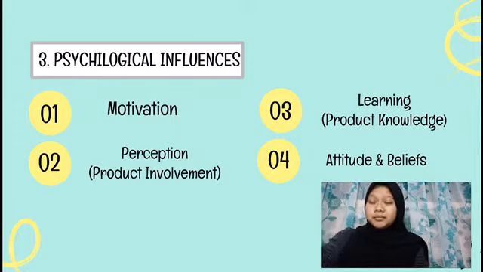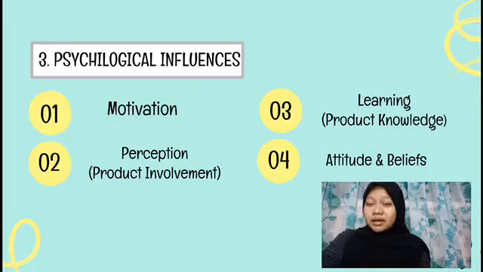In addition, learning. Learning is when a person buys a product, he or she gets to learn something more about the product. A consumer's learning depends on skills and knowledge. While a skill can be gained through practice, knowledge can be acquired only through experience.